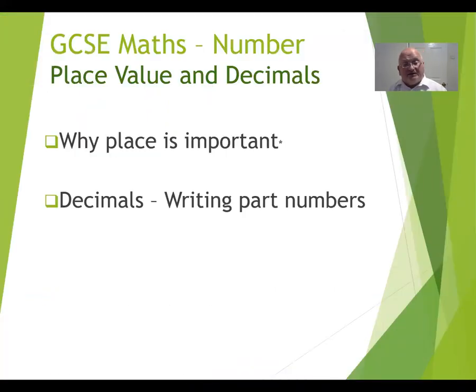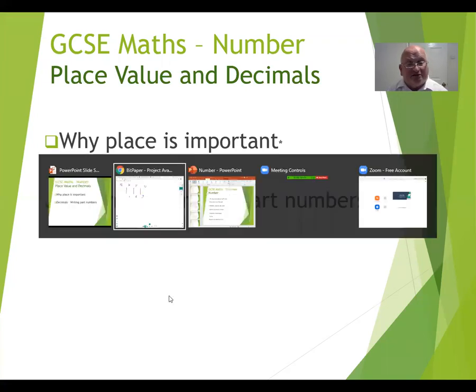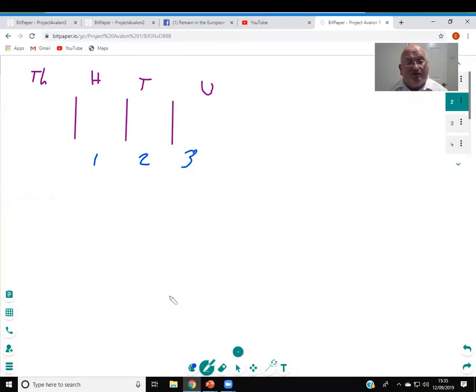And then decimals. How do we use place value as a way of showing part numbers, or what we call decimals? Well, usually when you see a number written down without any points in, you know you can start with the rightmost number as a unit, but if you want to write part numbers, we need to separate the unit from whatever comes next.